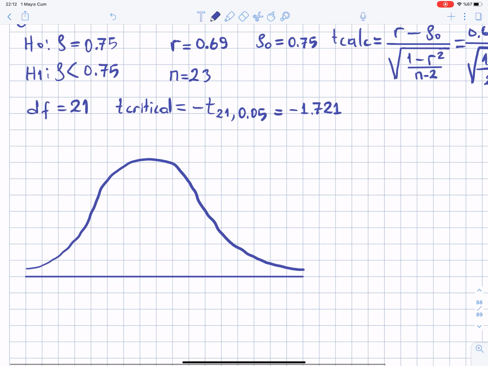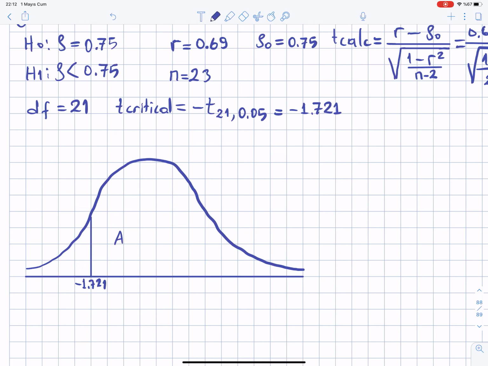Okay, since this is a left-sided test, I'm going to put the critical value right here: minus 1.721.